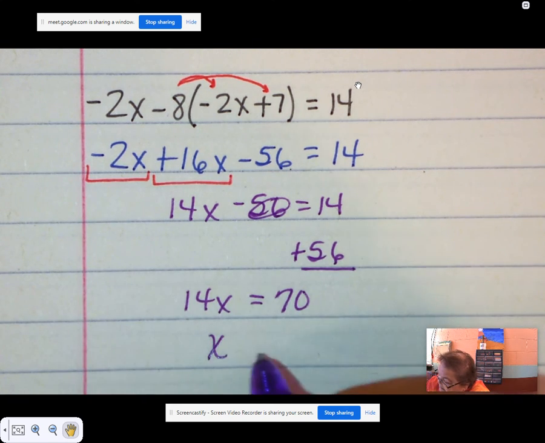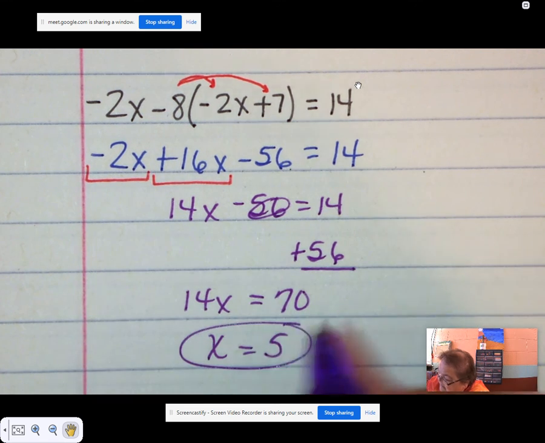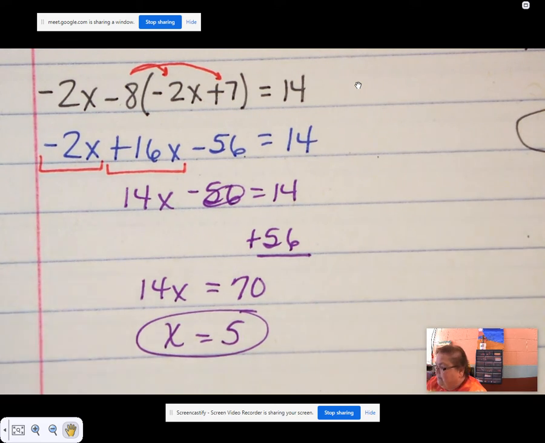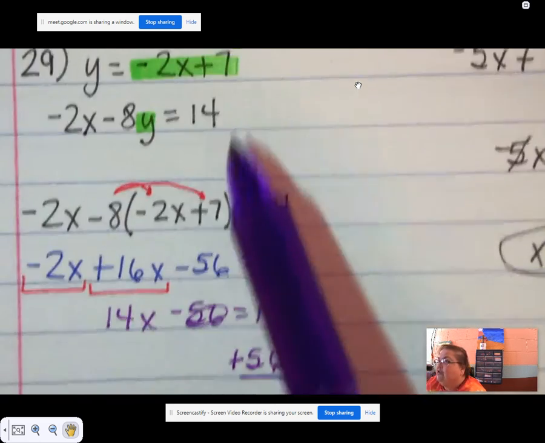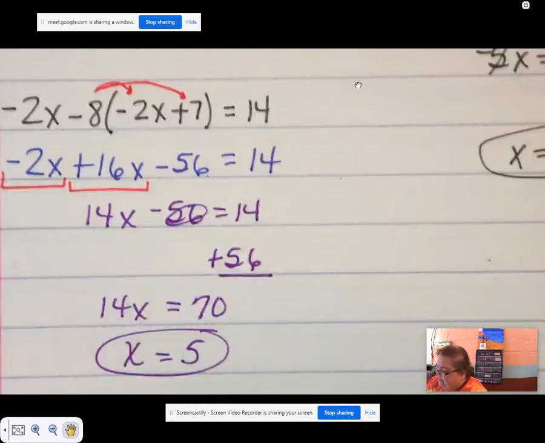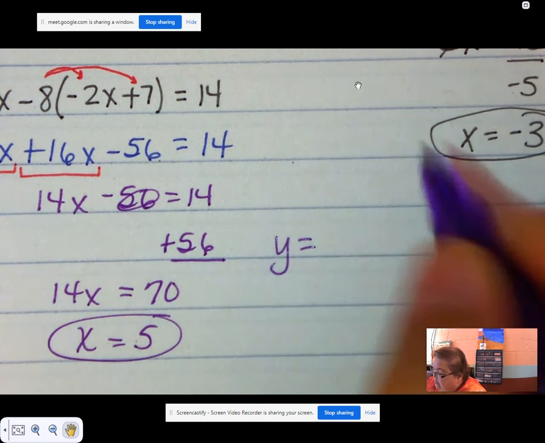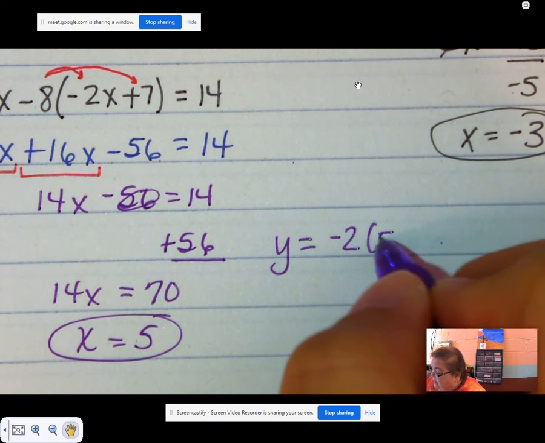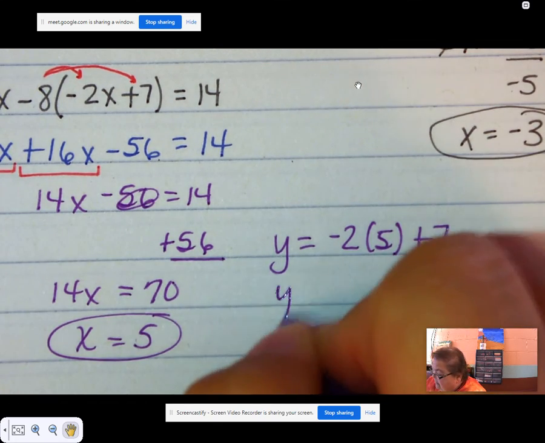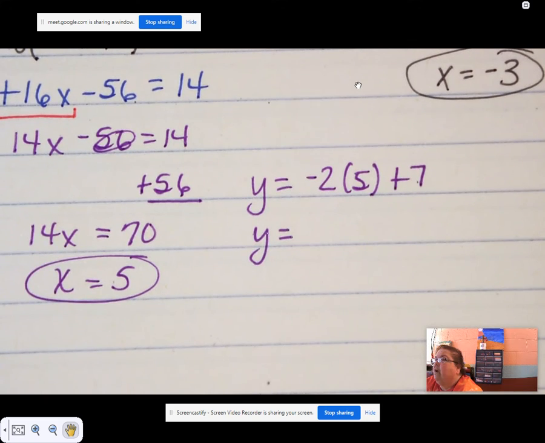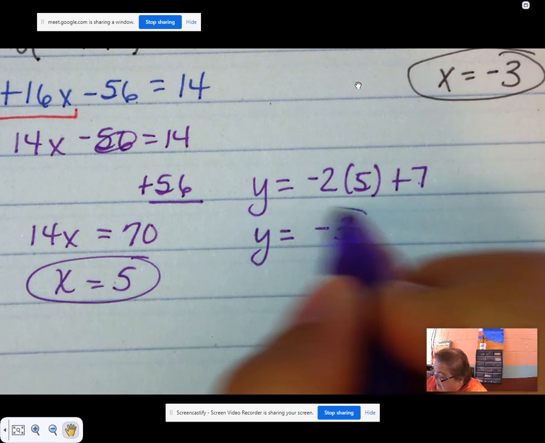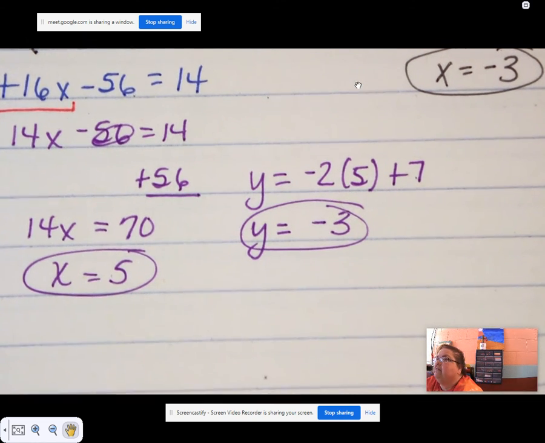What does x equal? 5 is correct. So x is 5. I need to substitute the x into an original problem to see what y equals. Always put it in the y equals one. So y equals negative 2 times x, which I now know is 5, plus 7. What does y equal? Negative 3 is correct.